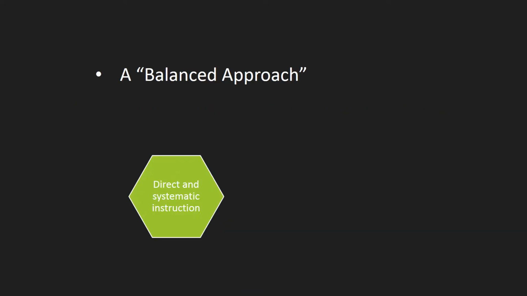Direct and systematic instruction has always been an important element, and it's taken on more importance at some times over the years, but for now we know that we need a balanced approach. Yes, we need experiences with literature, we need a classroom filled with books and literacy opportunities, but there also needs to be instruction in foundation skills, instruction in key strategies that students need, and it needs to be systematic.